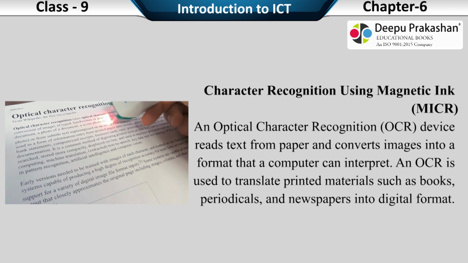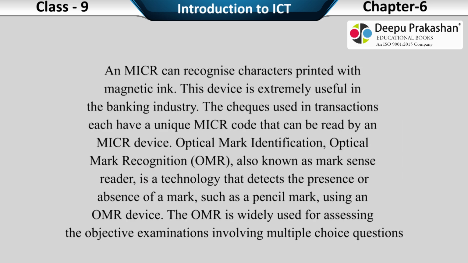An OCR is used to translate printed materials such as books, periodicals, and newspapers into digital format. And MICR can recognize characters printed with magnetic ink. This device is extremely useful in the banking industry. The checks used in transactions each have a unique MICR code that can be read by an MICR device.